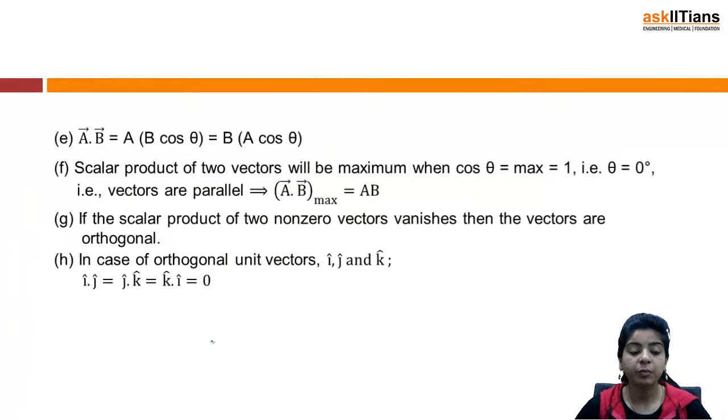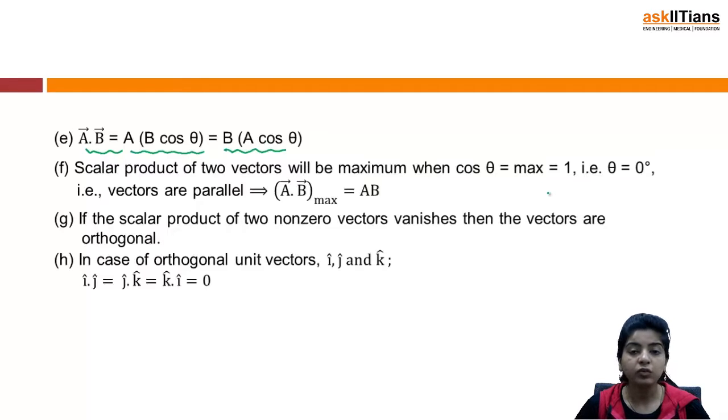Again, the continuation of properties. a dot b is a into b cos theta, which can be written as b into a cos theta. The scalar product of two vectors will be maximum when cos theta is maximum, and that maximum value of cos theta is obviously 1.